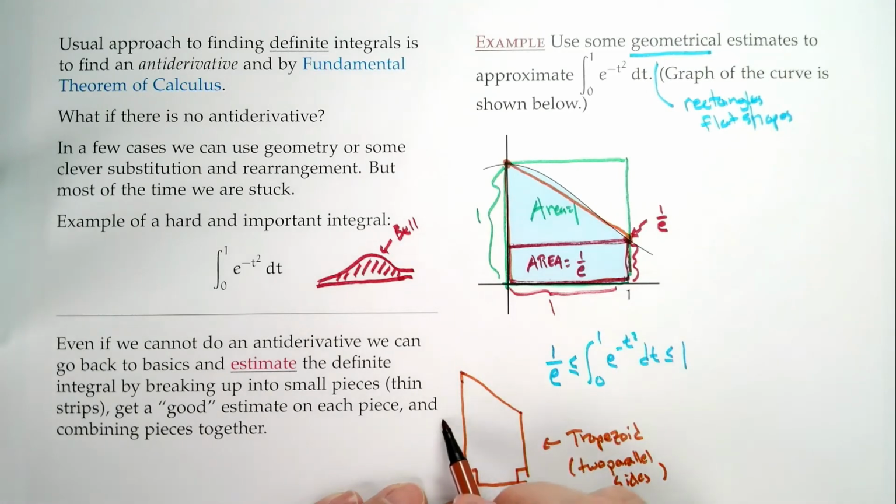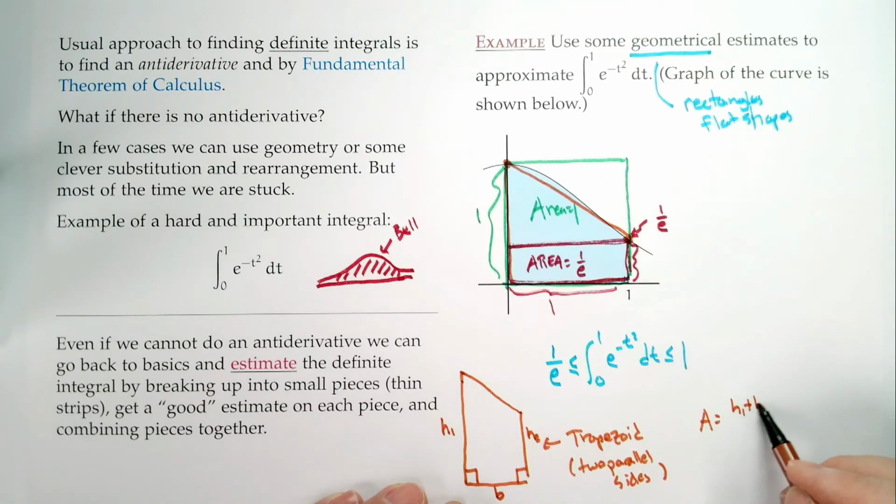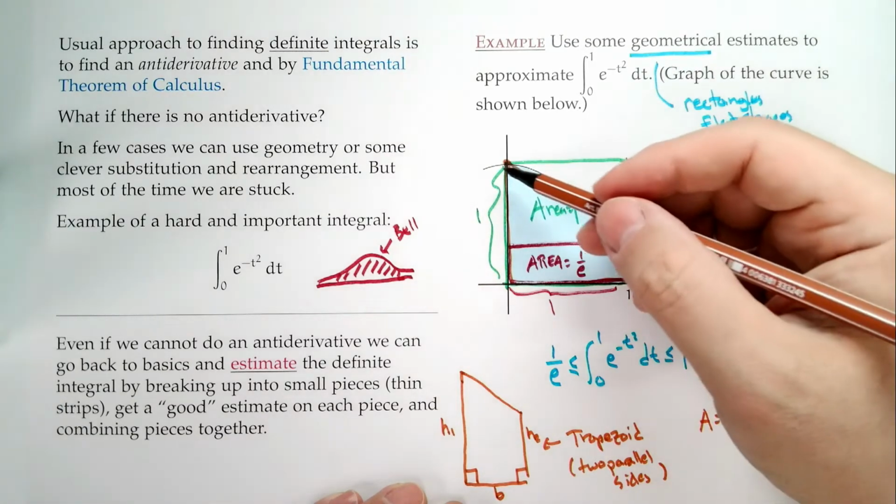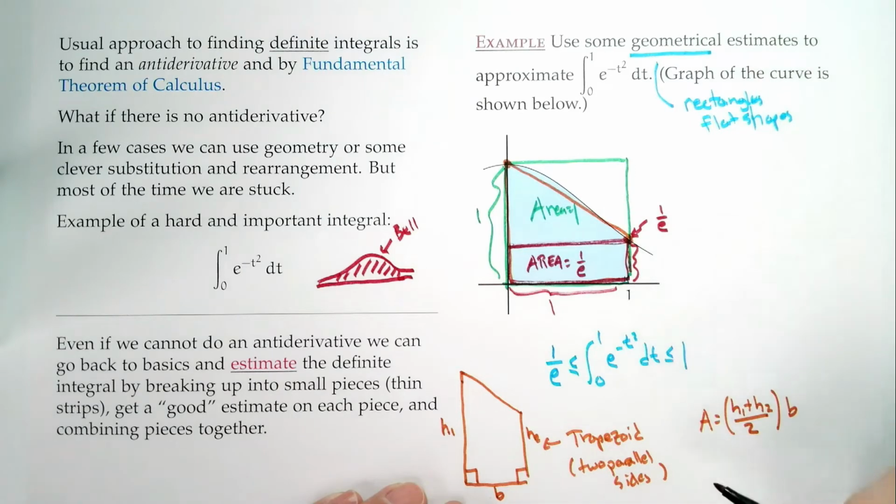Well, if you know the heights of the parallel sides, say the height on the left and the height on the right, and you know the base, the area is that you take the heights and average them. So what's the average height? And then you multiply it by your base. In this case, our heights would be 1 and 1 over e.